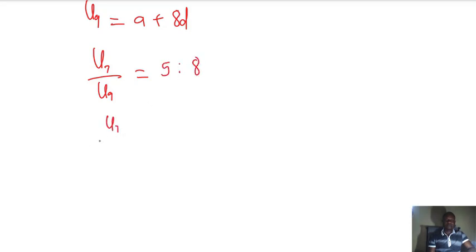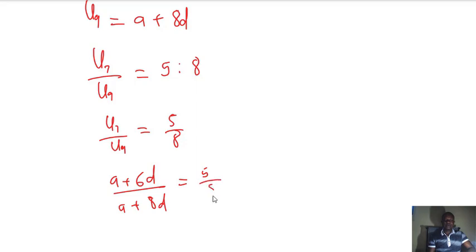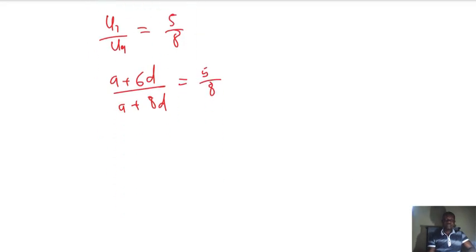So u7 over u9 is equal to 5/8. And what is u7? u7 is a plus 6d, all over a plus 8d, that is the ninth term, and it's equal to 5/8. So let's multiply both sides by the denominators.